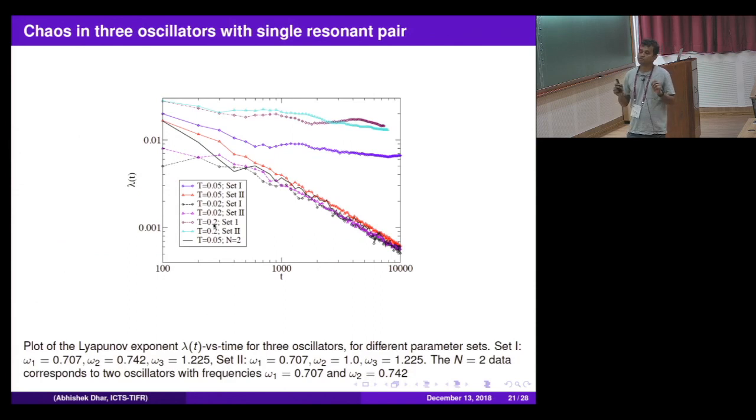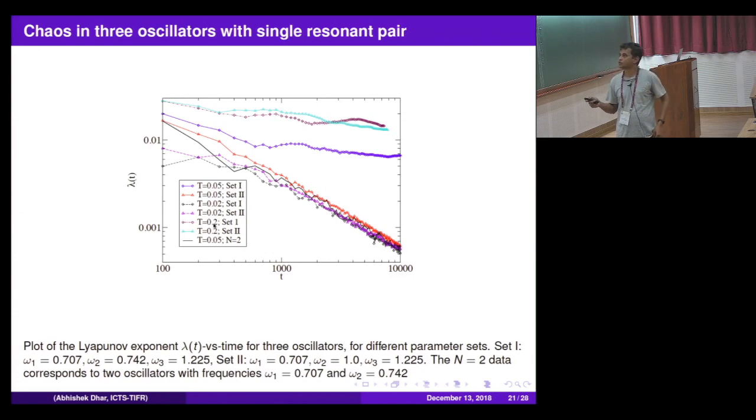This is a simulation where you take 3 oscillators with this nonlinear coupling, and you tune the frequencies such that delta omega between one pair is small compared to the temperature, and the other one is off resonance. The earlier prediction was that you need all three to be tuned to get chaos.